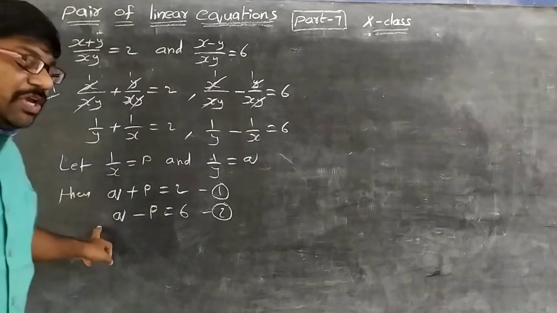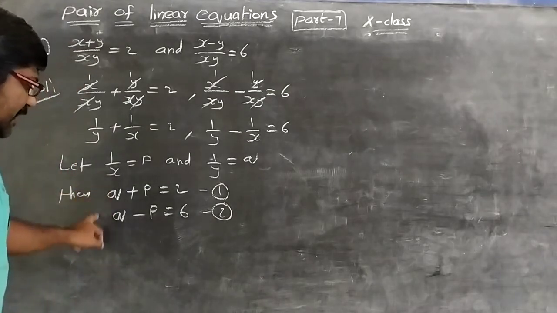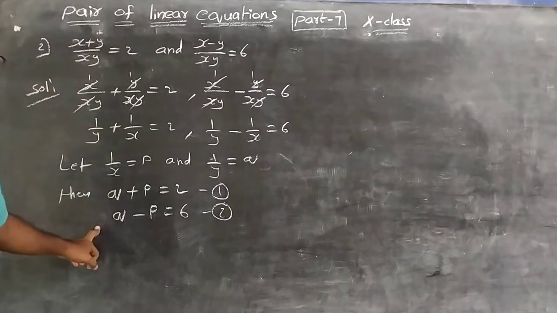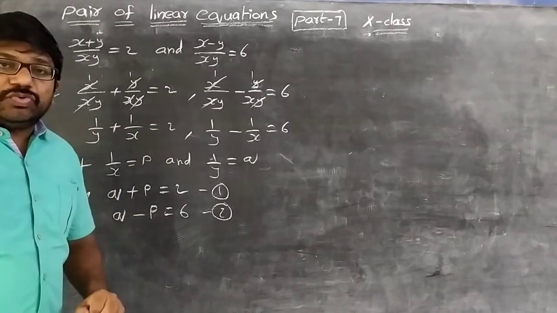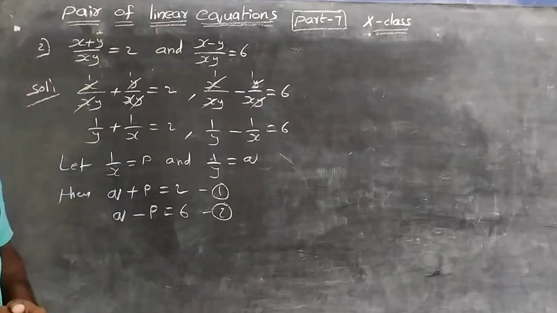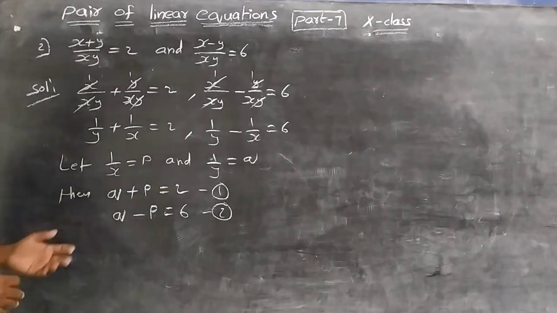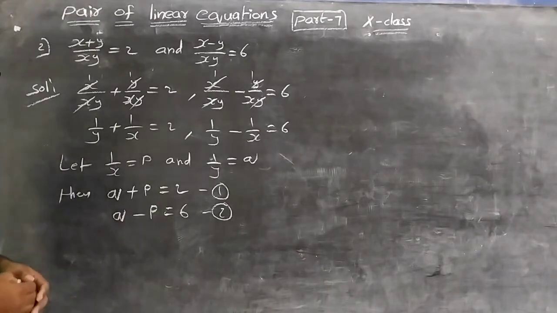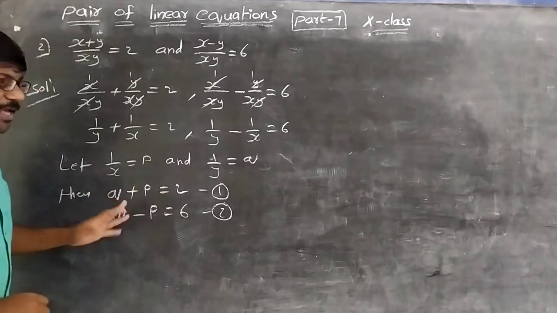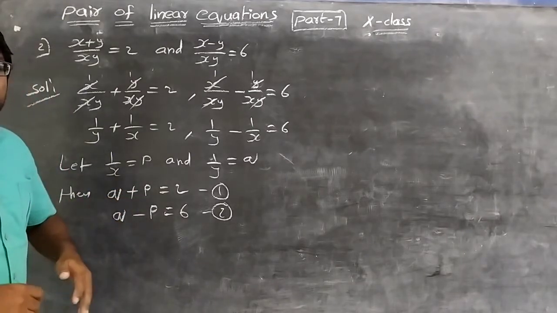Now these two equations, this system is a pair of linear equations in two variables, that is p and q, right? Now solve these two equations by using elimination method or substitution method. So here we use elimination method, right? So add these two equations. No need to multiply any equation with any real number.